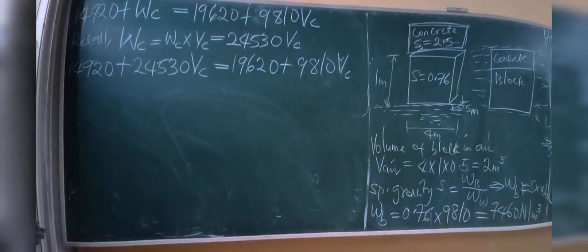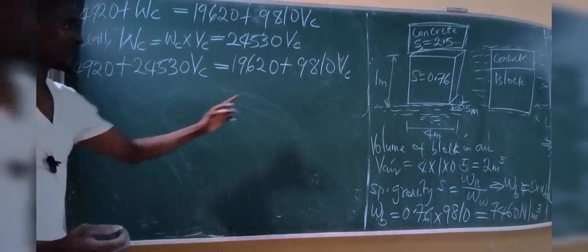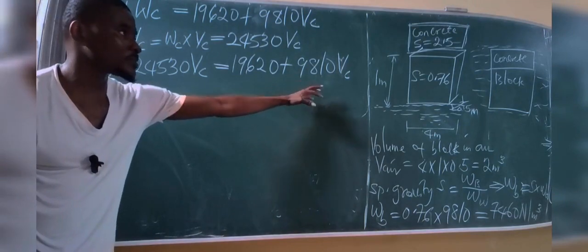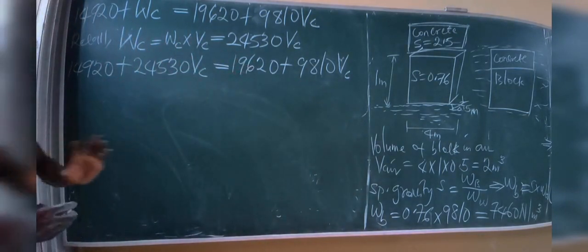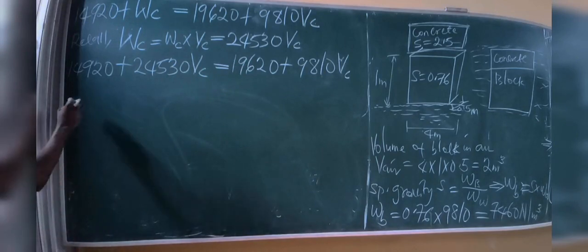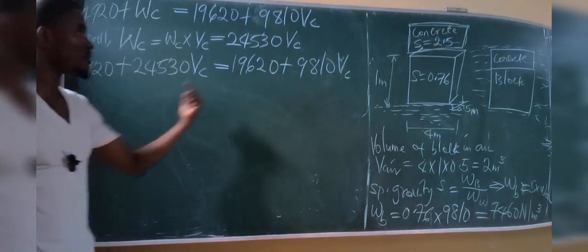All right, so we have this. All we need to do at this point is collect like terms. Send the 9810 VC over here, and send this constant over there. That's all we need to do. So first, we send 9810 VC over here.